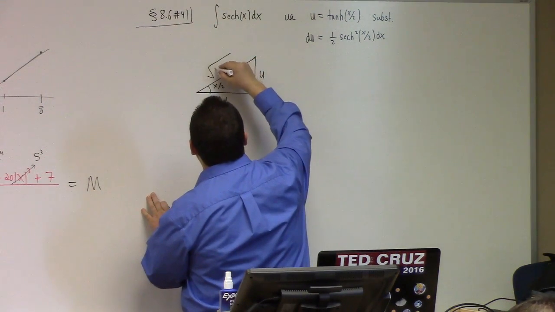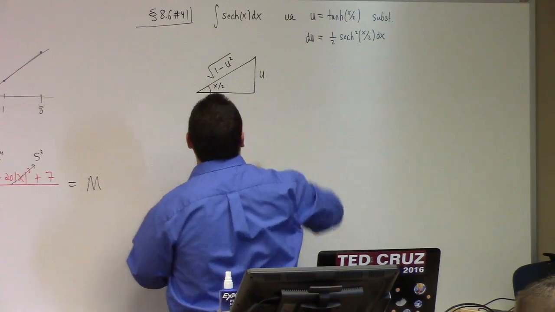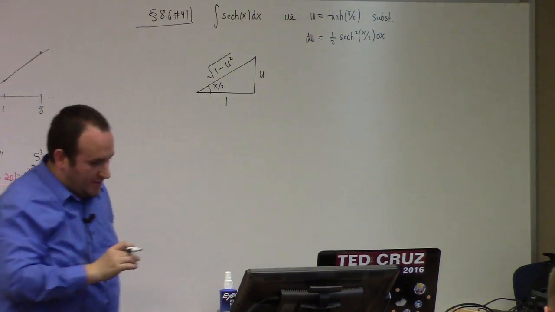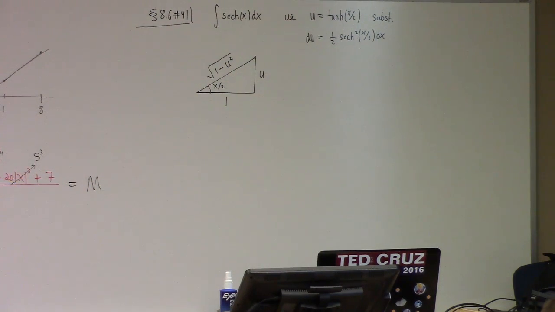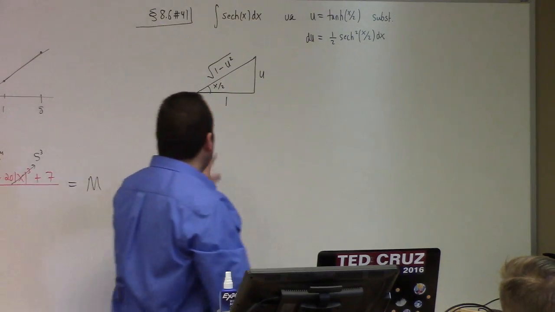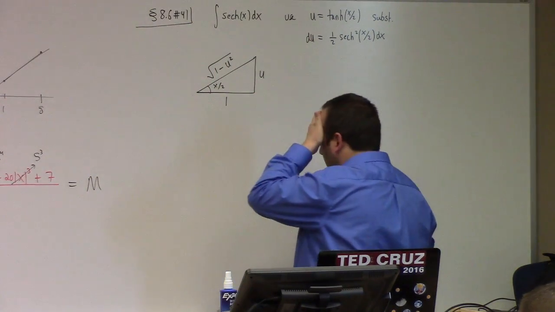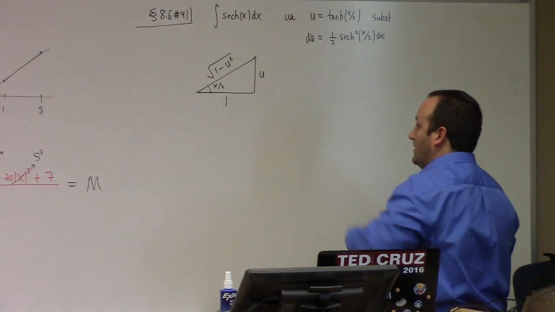Square root of 1 minus u squared, yeah. That is right, because of course we need cosh squared minus sinh squared to be 1. So if the adjacent side is like cosh and the opposite side is like sinh, then this must be the square root of 1 minus u squared. All right, so that is actually the triangle here.